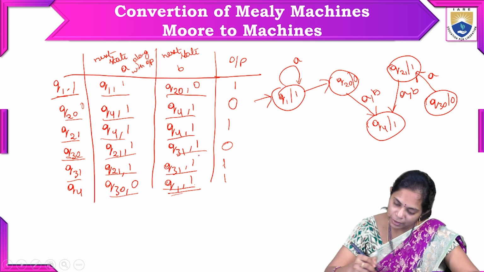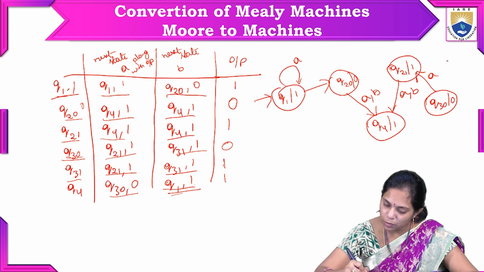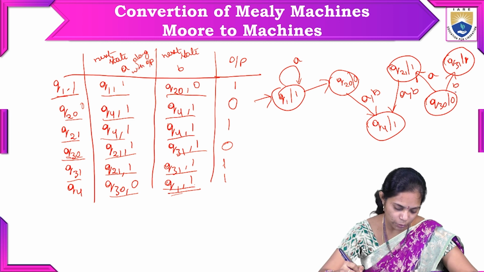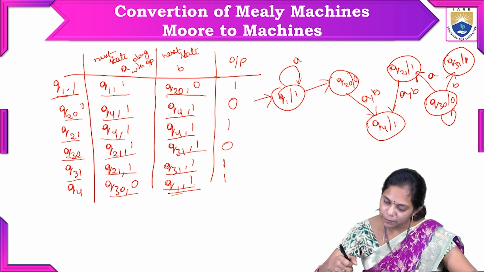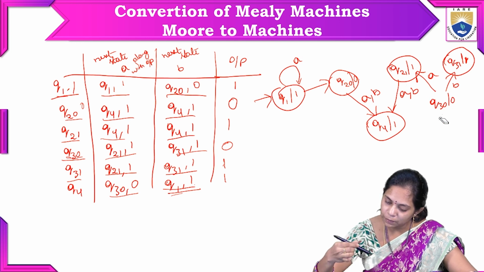next we have to draw Q3 1 with one as an output and B as an input. It is reaching Q3 1 itself.